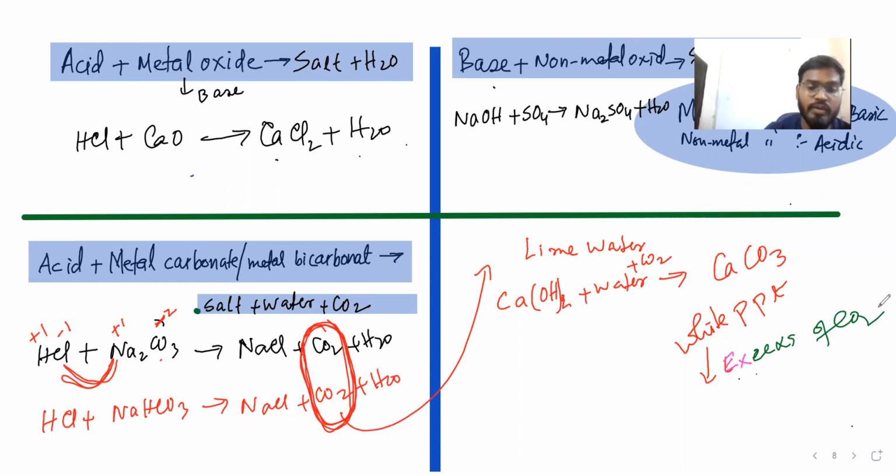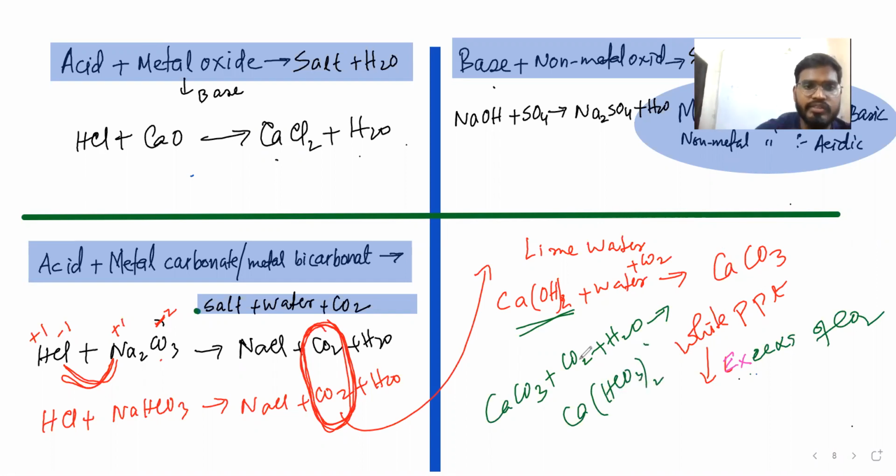If you pass excess of CO2, then the reaction is going to be: again, this calcium carbonate was not transparent, but now it becomes transparent. Calcium carbonate plus CO2 plus H2O, if it reacts again, will give you calcium hydrogen carbonate.